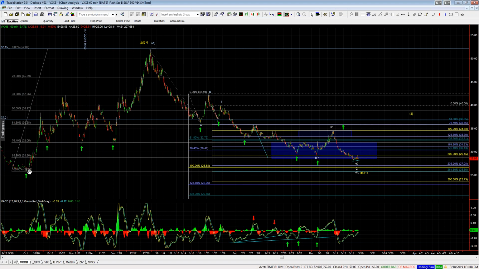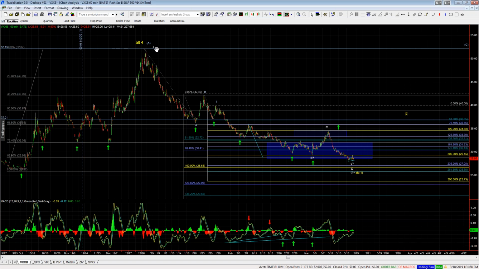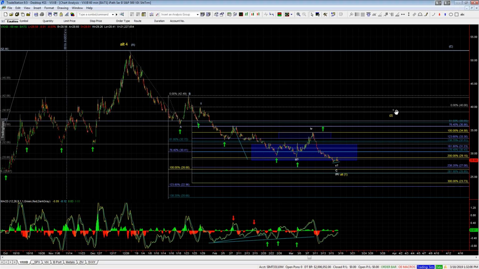From the October low that was struck here at the 2587 low, I've got an ABC up into the 5207 high. My primary count at this point in time is that this was an A wave. So I've got ABC up for an A wave, and then ABC down for a B wave. And ideally, I'm looking for a larger wave C back up over the 5215 high. So that's my primary count.